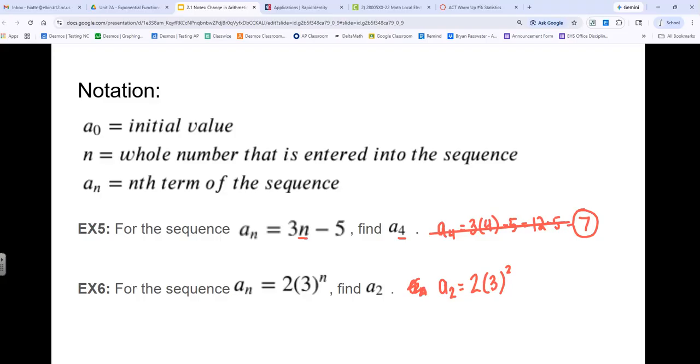And what do I need to do first when I am solving this? Exponents have to come first. So I'm doing 2 times 9, which will give me 18. So really just a lot like functions, just different notation there.